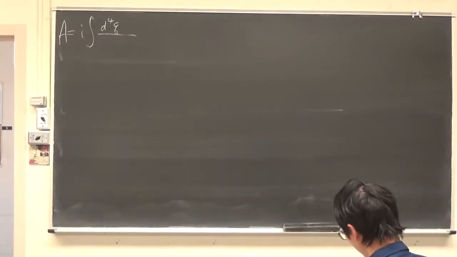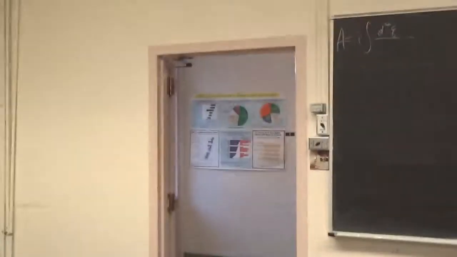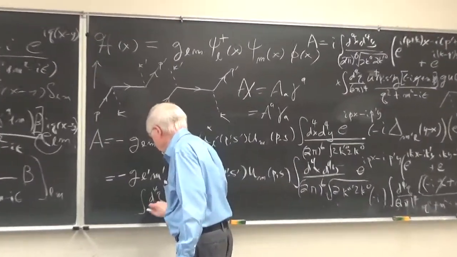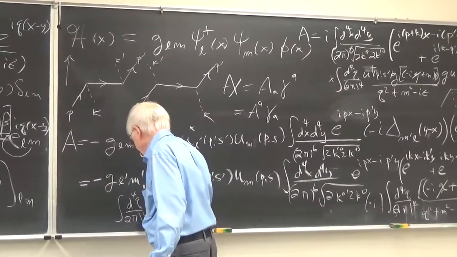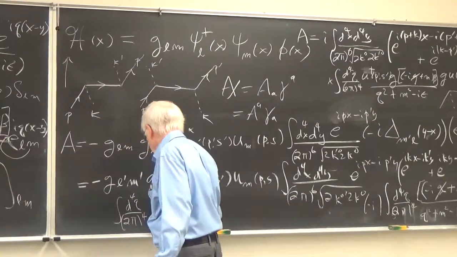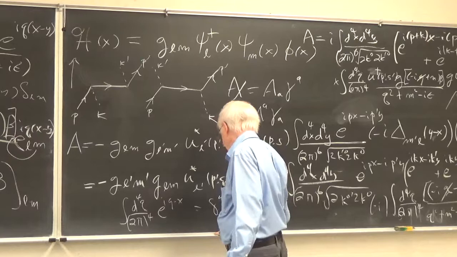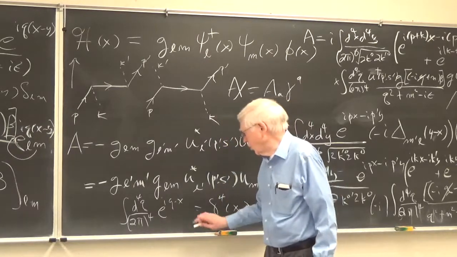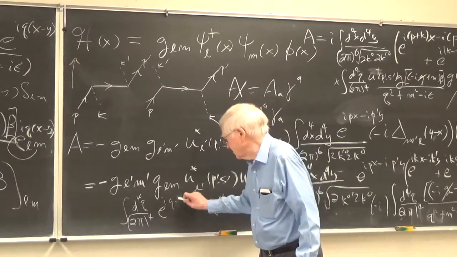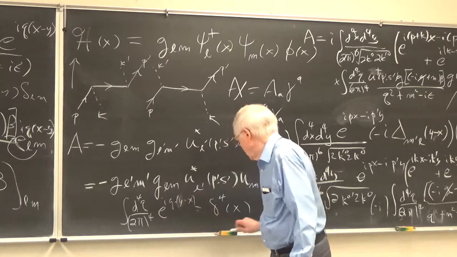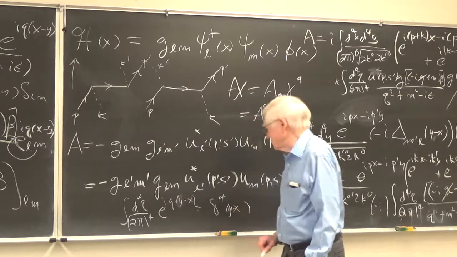Let me just remind you what the formula is. It's d4th q over 2 pi to the 4th e to the i qx is delta 4 of x. Or if it's y minus x, then it's y minus x.